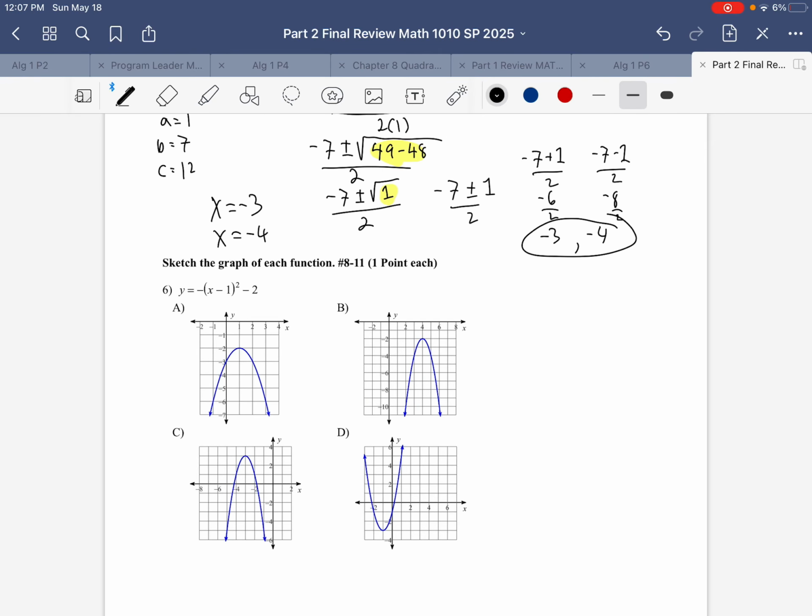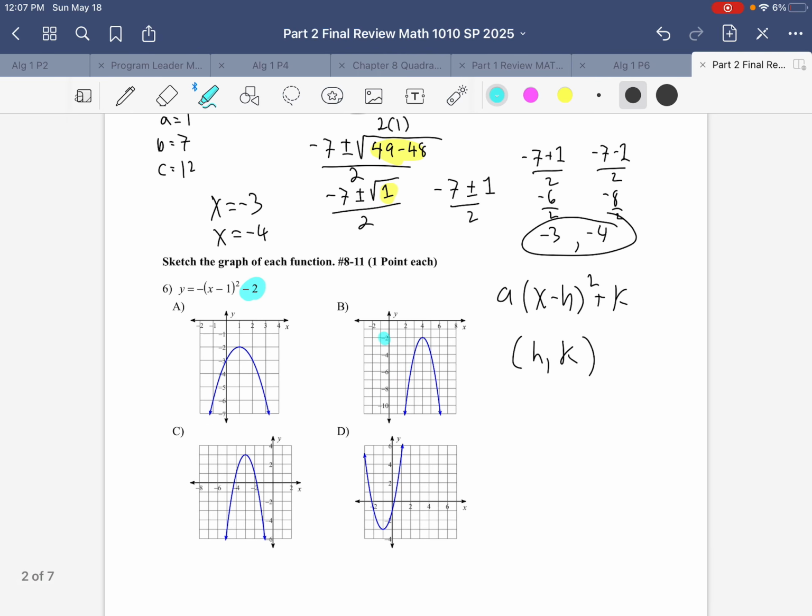All right, in these graphs, these are coming from a times x minus h squared plus k, where h is the x value of the vertex, k is the y value, and we can also think about them like the shift. So in this example, I see minus 2 for the vertex, so it couldn't be either of these.